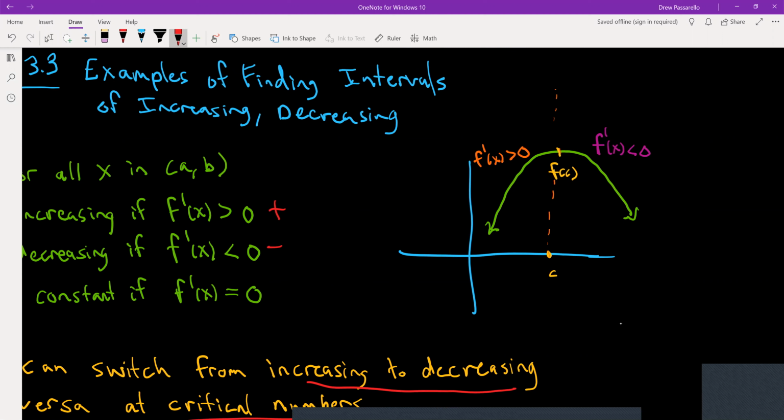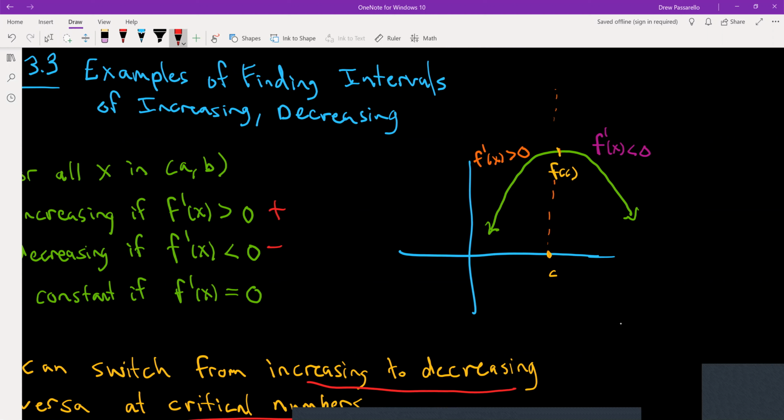So this is a picture, and you'll see that c is a critical number. The function can switch from increasing to decreasing, or vice versa, at critical numbers. In this picture, to the left of c, the function is increasing, and its first derivative is positive.